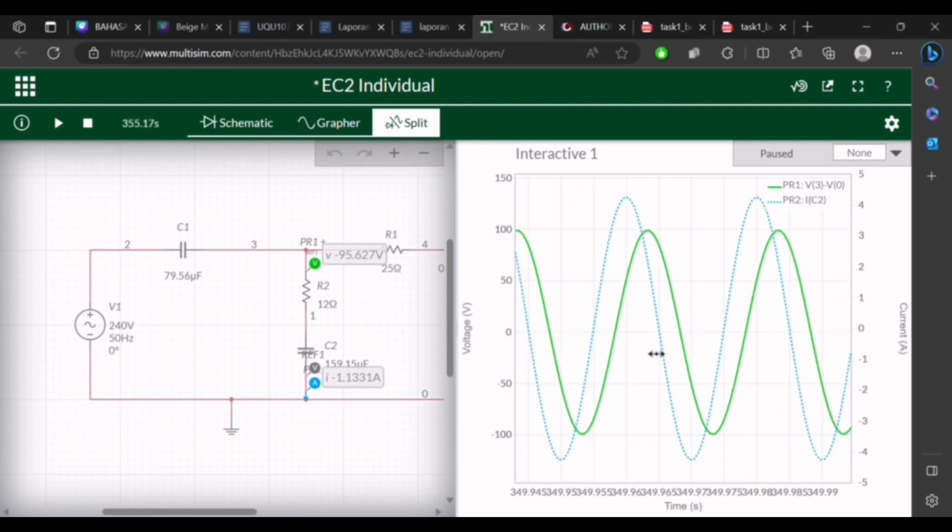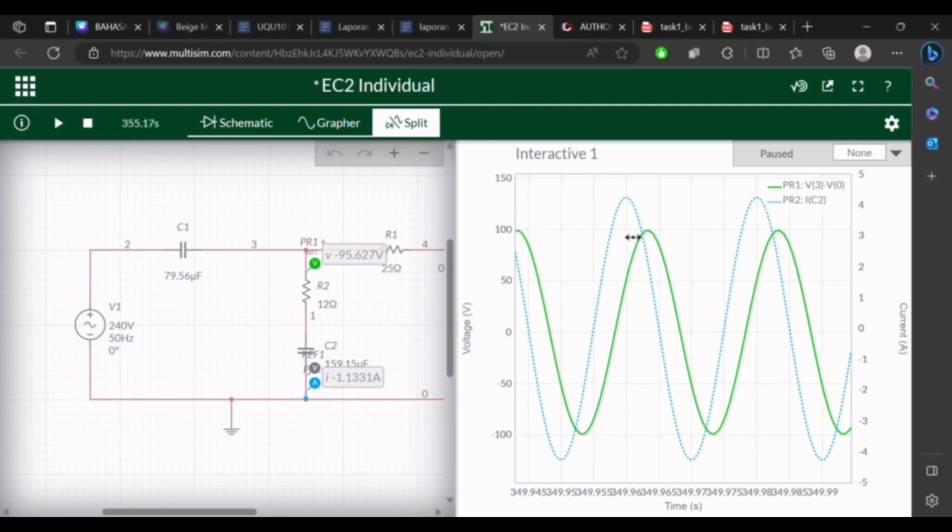Okay, now at the simulation, at the schematic, the voltage is negative 95.627 volt, and the current is negative 1.331 ampere. So let's see the current peak first.